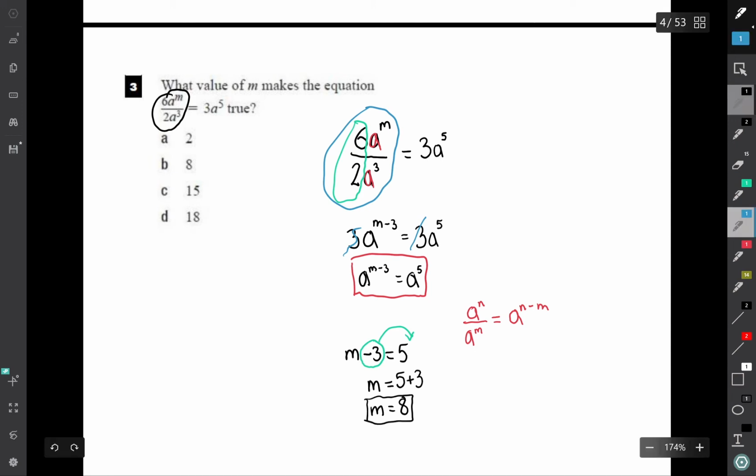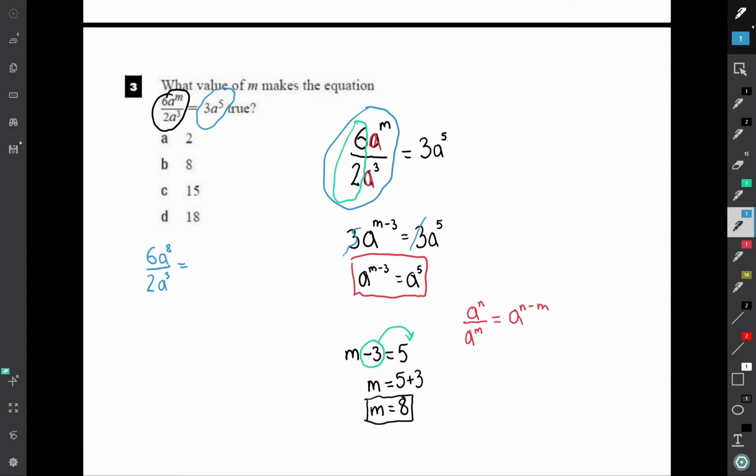I'm going to take the expression 6a exponent 8, because that's what I think m is, divided by 2a exponent 3. I'm going to simplify this and see if it matches 3a exponent 5.